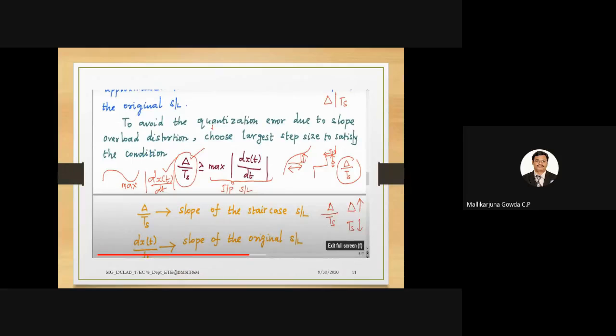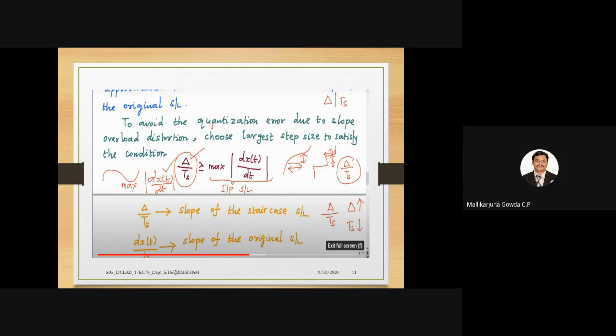Delta by Ts is the slope of the staircase signal, and d by dt of x of t is the slope of the original signal, right?